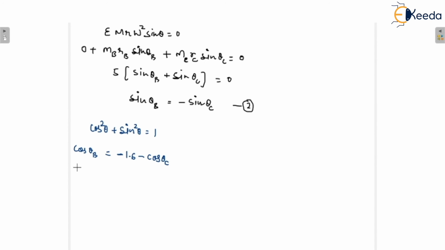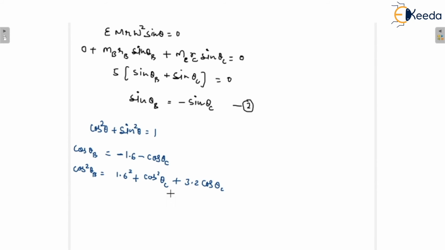So you just have to square it. You'll get cos square theta b is equal to 1.6 square plus cos square theta c plus 3.2 cos theta c. This is nothing but a square plus b square plus 2ab. Okay, you all know that formula.